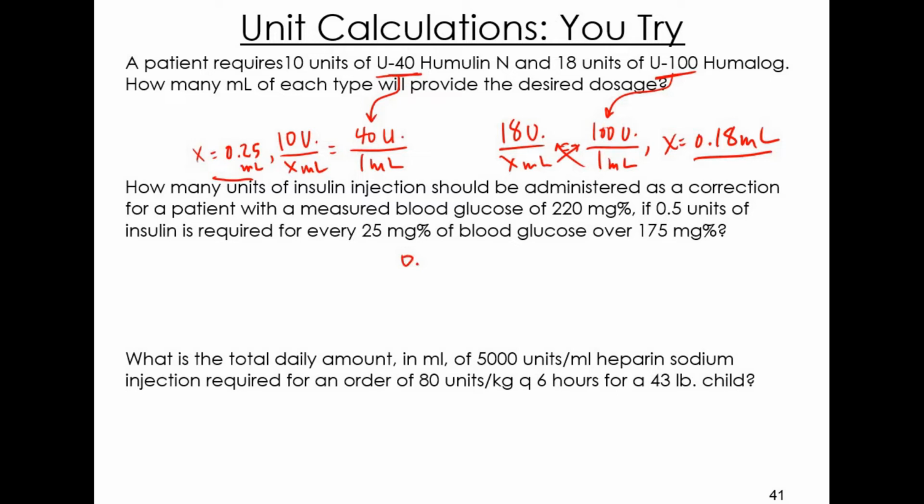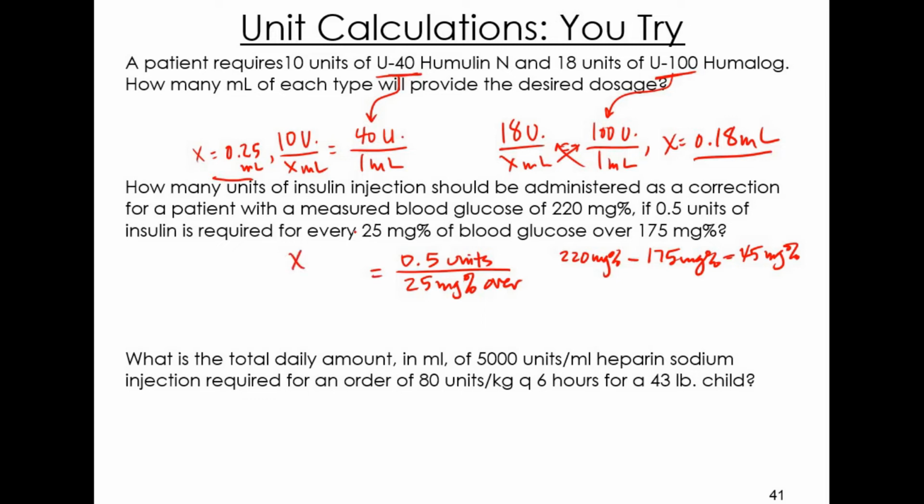is requiring 0.5 units of insulin for every 25 milligrams percent over the target, and the target is 175 milligrams percent, and their reading is 220 milligrams percent. And so this person is 45 milligrams percent over the target.